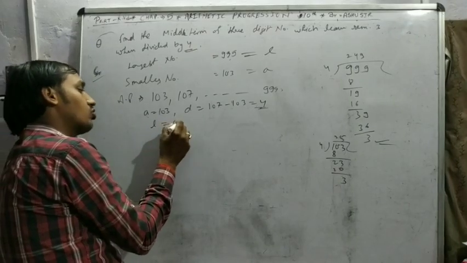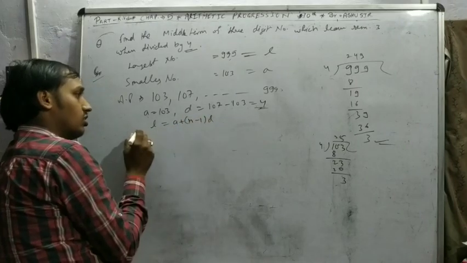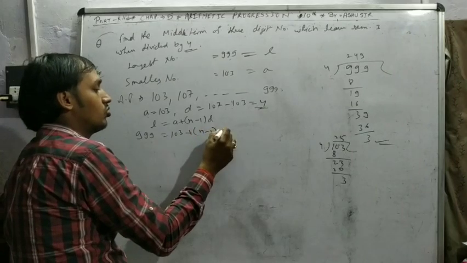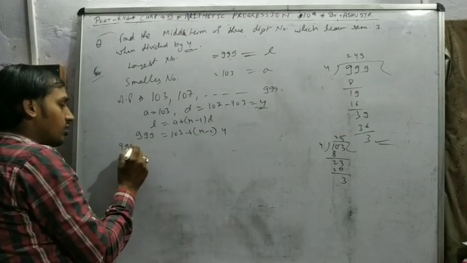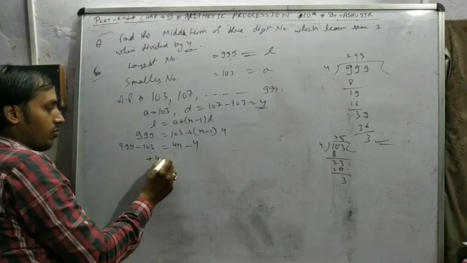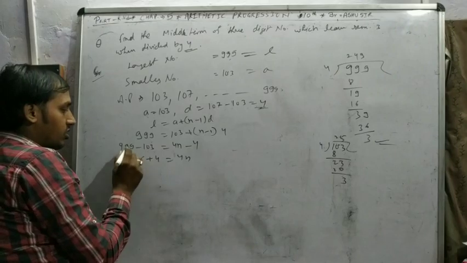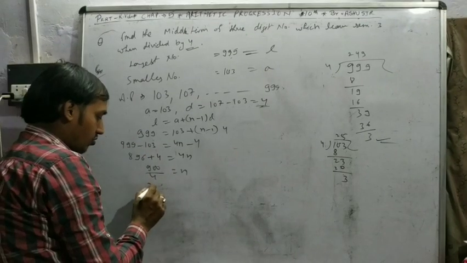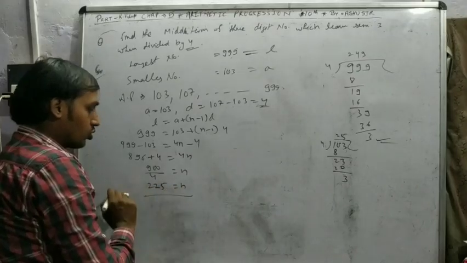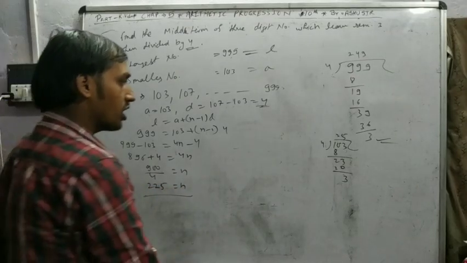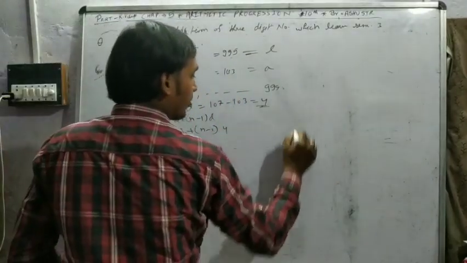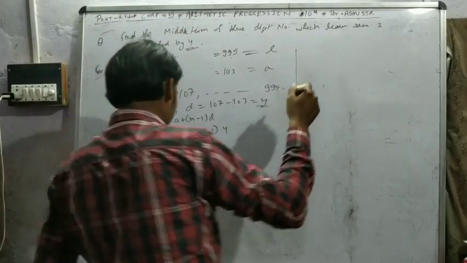So L is equal to A plus N minus 1 into D. 999 equals 103 plus N minus 1 into 4. 999 minus 103 is 896, divided by 4 is 224, plus 1. So there are 225 terms which leave remainder 3 when divided by 4.